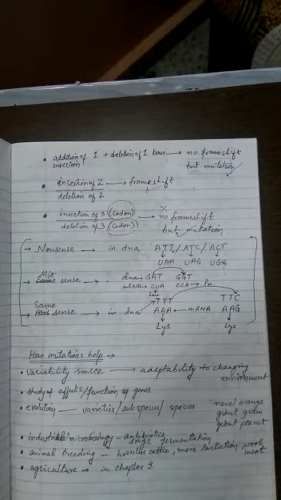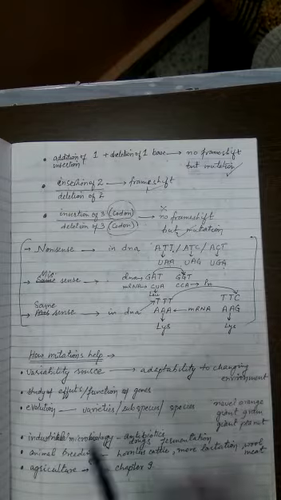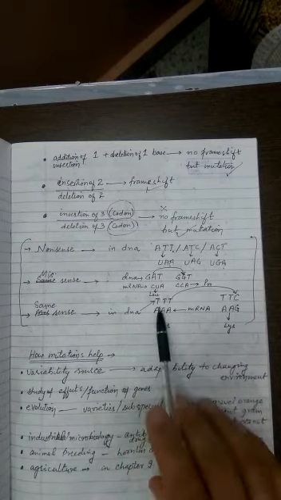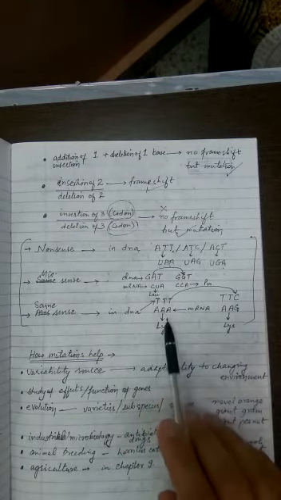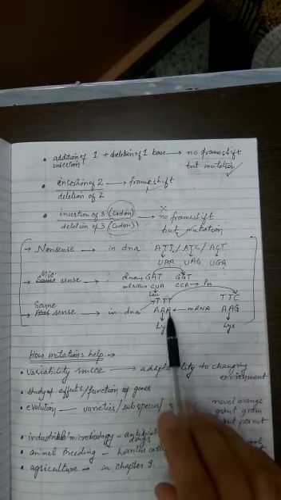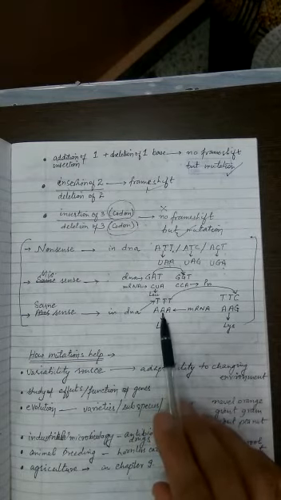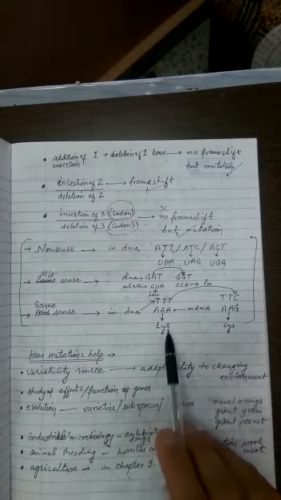Now what is same sense mutation? Sometimes a DNA mutation does not bring any change in the amino acid. For example, if the DNA carries the information TTT, then the mRNA's information should be AAA. AAA will code for lysine.